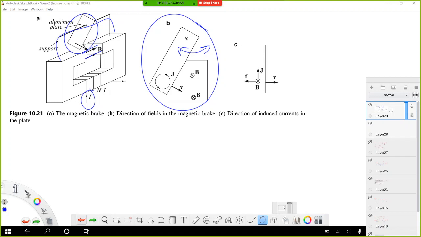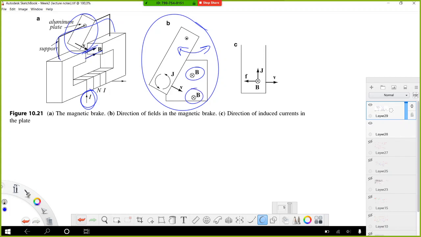So if the current I is not zero, it means some current flows in the coil and it generates some flux density. Okay, we'll look at picture B, the cross section.